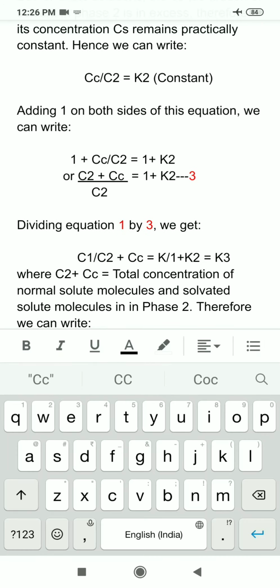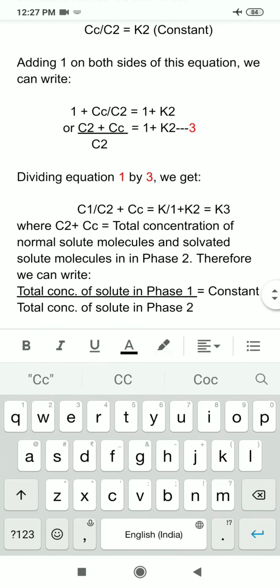Now dividing equation 1 by 3, equation 1 was C1 upon C2, so we get C1 upon C2 plus Cc will be equal to K upon 1 plus K2 equal to K3, because C2 in the numerator of equation 1 cancels with the C2 in the denominator of equation 3.